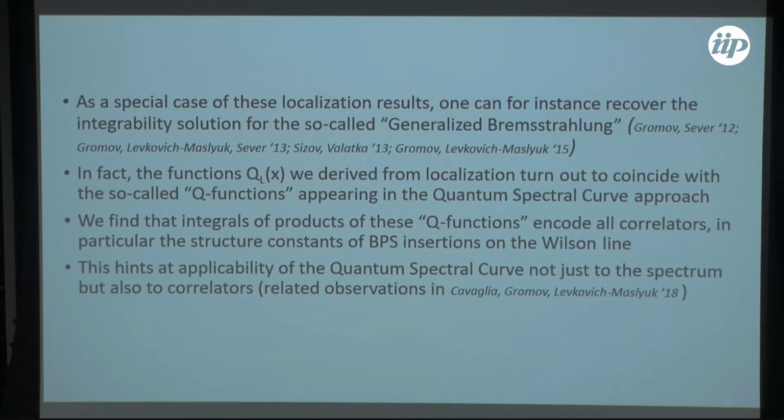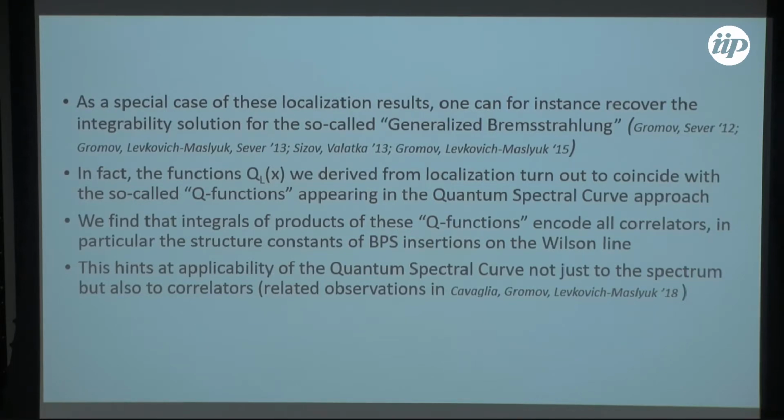And because we find that integrals of these Q functions give correlation functions, this kind of hints at the possibility that the quantum spectral curve is useful not just for the spectrum, but also for correlation functions. And a similar observation was made in a related but slightly different setup in a paper by Cavaglia, Gromov and Levkovich-Maslyuk last year.